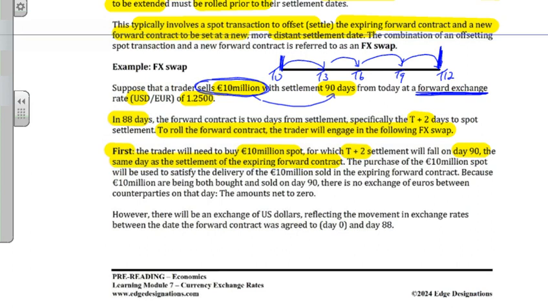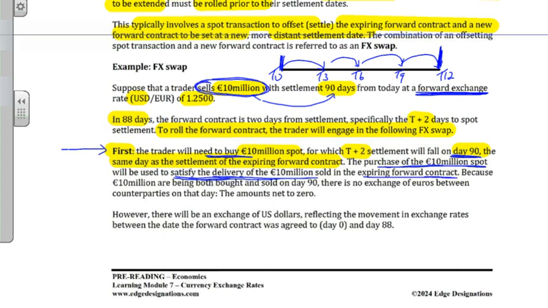That's why on day 0, that's what we call it first over here, he buys 10 million euros spot, so that when the settlement date happens 88 days later on day 90, he's purchased the 10 million euros spot, and that's what he's going to use to satisfy the 10 million euros that he sold per the forward contract.